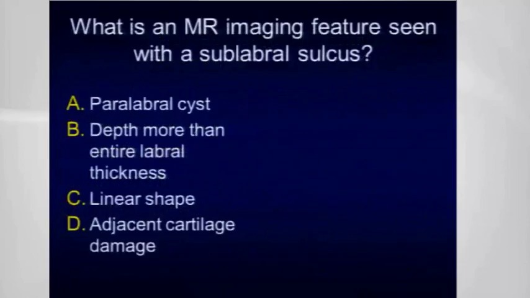The question is, what is an MR imaging feature seen with a sublabral sulcus? A, paralabral cyst. B, depth more than the entire labral thickness. C, linear shape. Or D, adjacent cartilage damage.